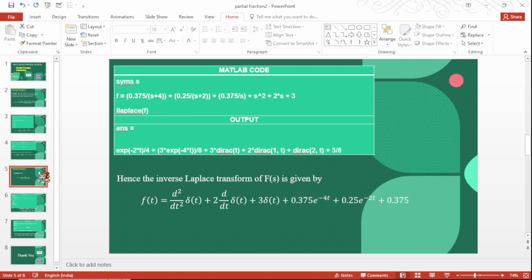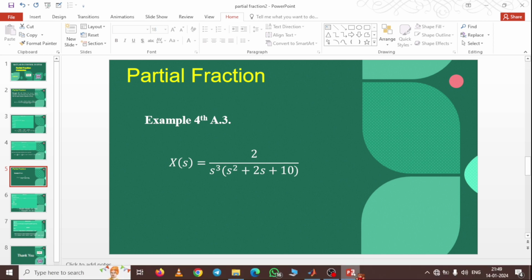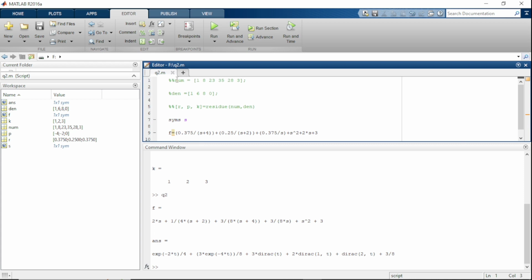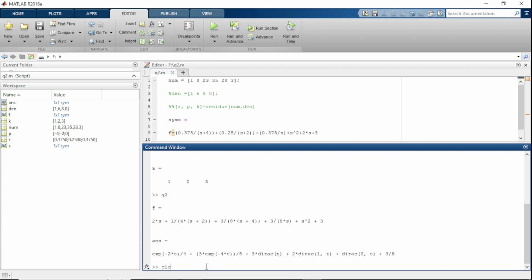Okay, so now going to the second example. So here you can see this is the second example, that is 2 by s cube into s square plus 2s plus 10. So I am directly going to MATLAB. Here you have to write the numerator portion. So I am clearing.